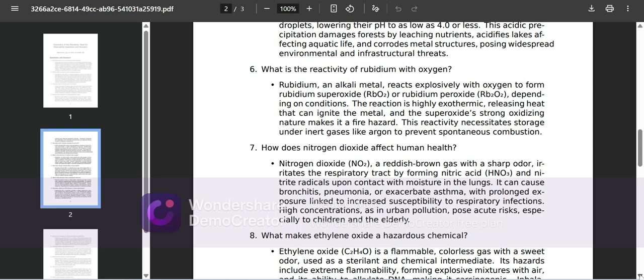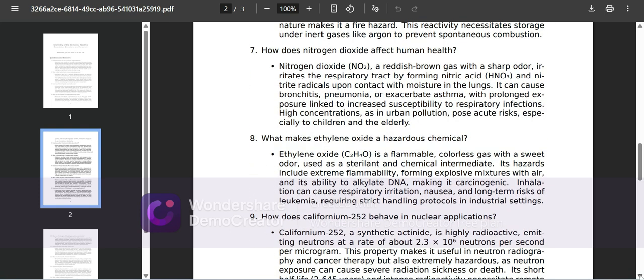The reaction is highly exothermic, releasing heat that can ignite the metal, and the superoxide's strong oxidizing nature makes it a fire hazard. This reactivity necessitates storage under inert gases like argon to prevent spontaneous combustion.